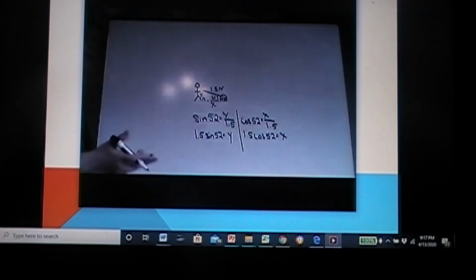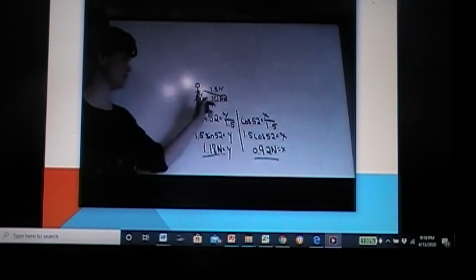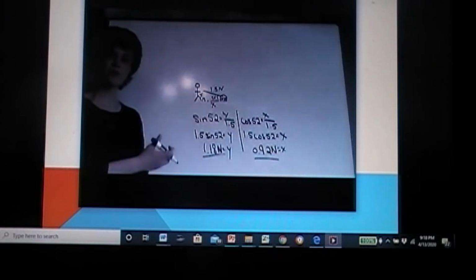We'll just use a calculator and get these answers. Now I have to use the calculator. Bummer. I'll pause the video. Okay, so typing in the calculator, I got 1.18 newtons is the vertical, the y, and 0.92 newtons is the horizontal. These are the two components.